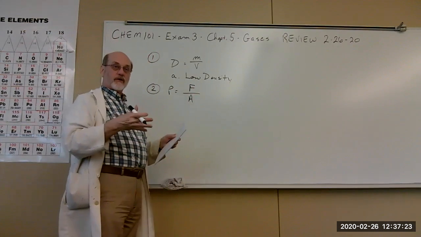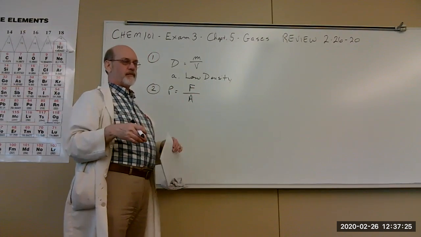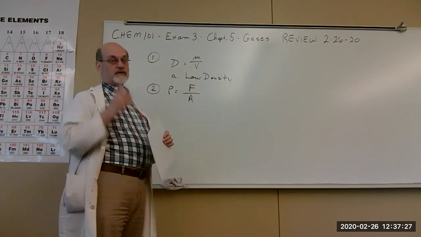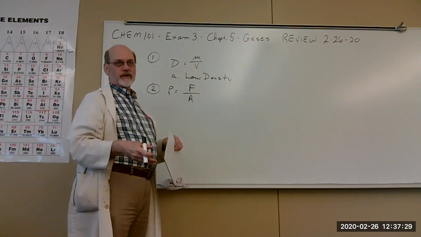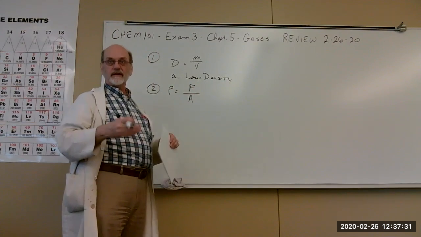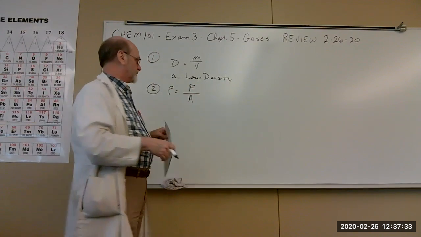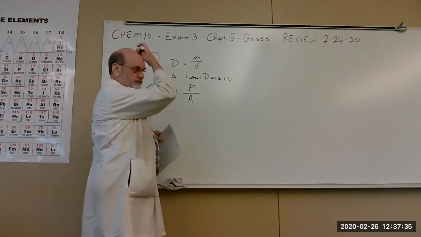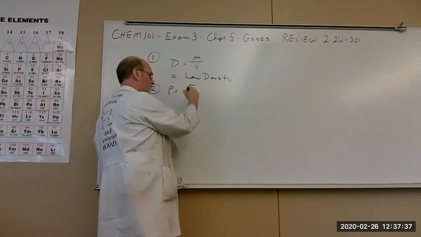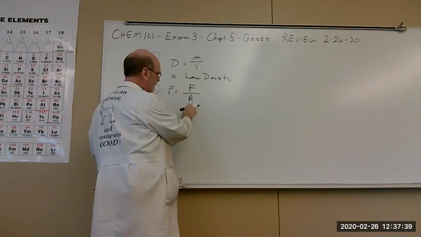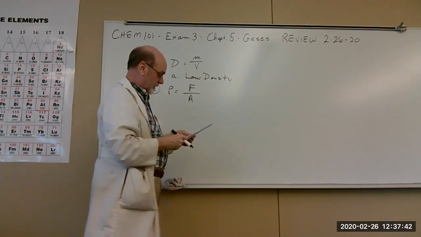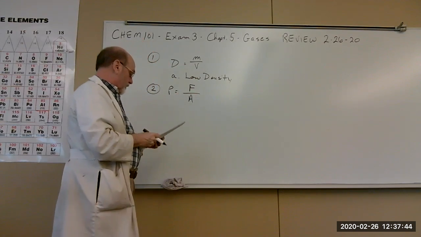The mass has a bearing on force depending on where the mass is. So a mass on Earth would have a different force or weight if it were on the moon. But when you're talking about pressure, we need force units and then area units in the denominator. So the first one can't be right.